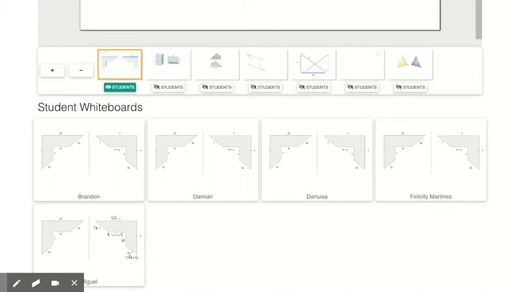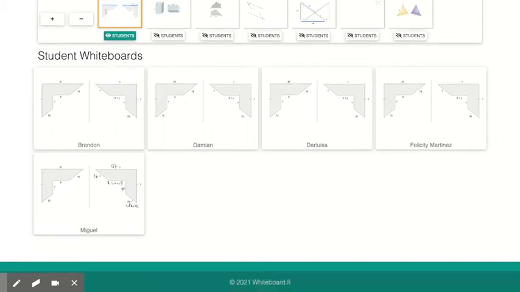And I'm going to just say very quickly, don't let this diagram overwhelm or intimidate you. I know it's an eyeful. So right now we should have 47 on our second figure. Brandon, Damien, Luisa, and Felicity, if you're having trouble writing on the whiteboard for some reason, let me know.